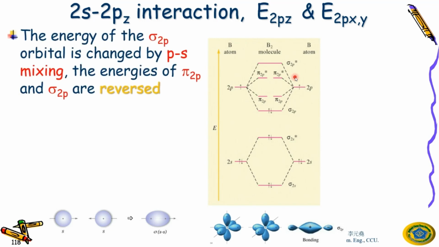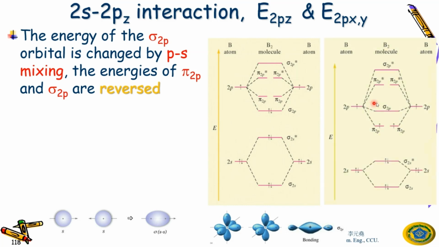It changed to become like this because the energy of the sigma 2p orbital is changed by sp mixing. So the energy of the pi 2p and the sigma 2p are reversed. For the boron, this one will be pushed up, and this one will be pulled lower, and this one reversed. Pi and sigma are reversed, looks like this for the boron molecule.